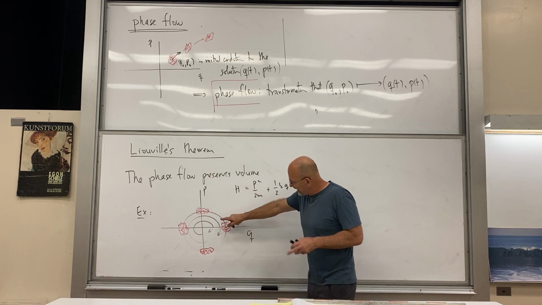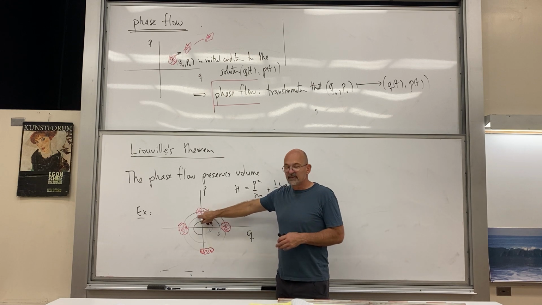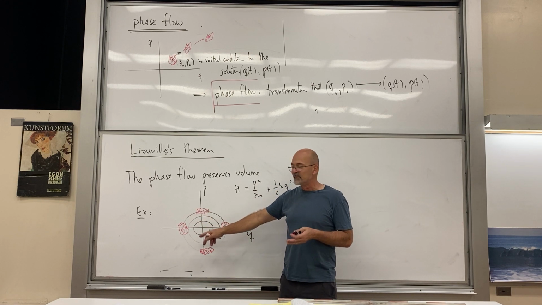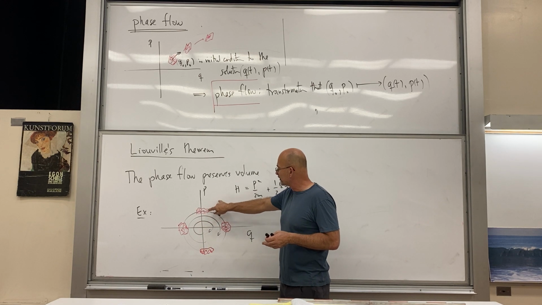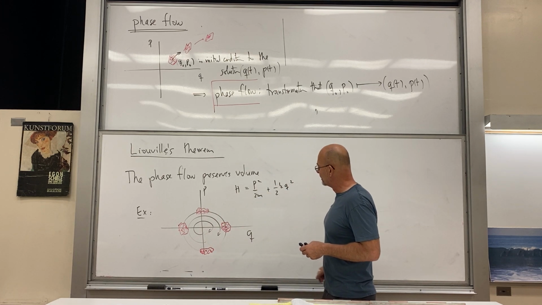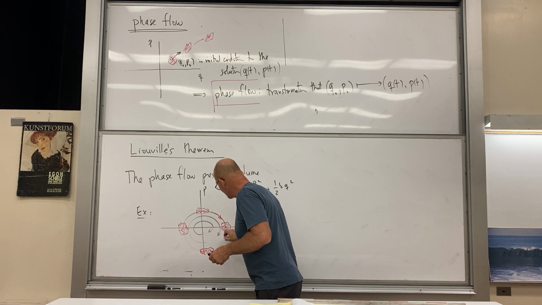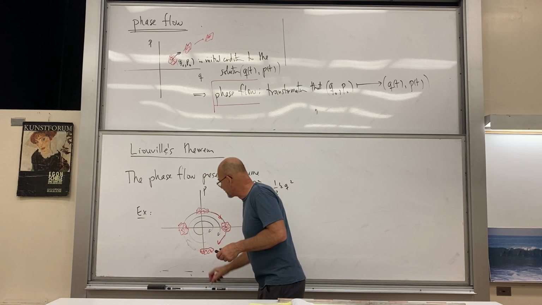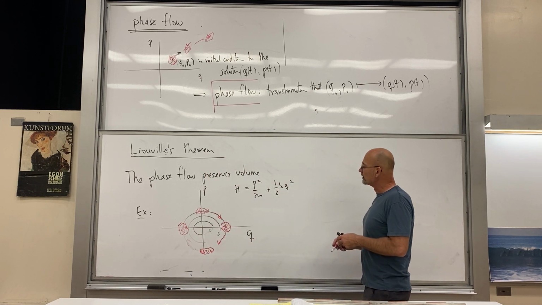But notwithstanding that, the volume, that is to say in two dimensions the area, but generally the volume, of this region is always going to be the same as it's carried around clockwise by the phase flow. So the phase flow preserves volume.